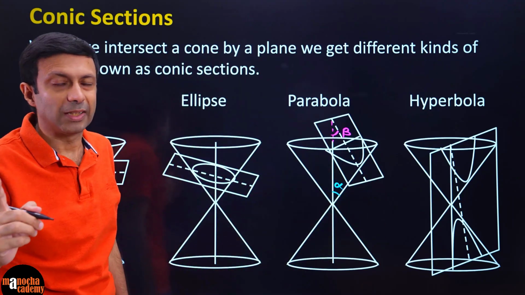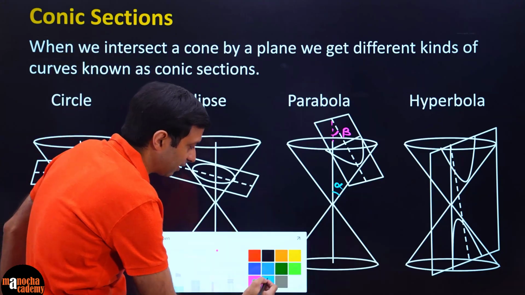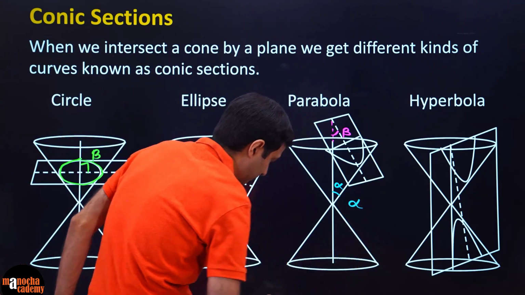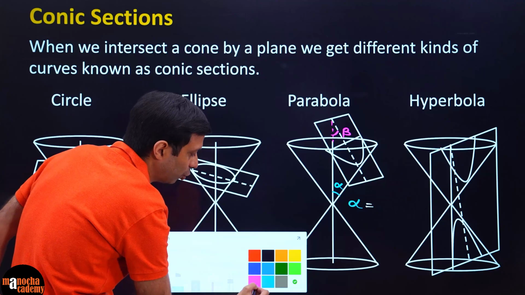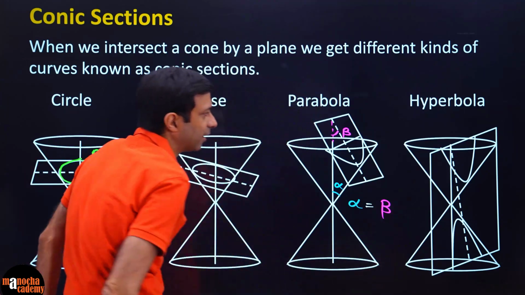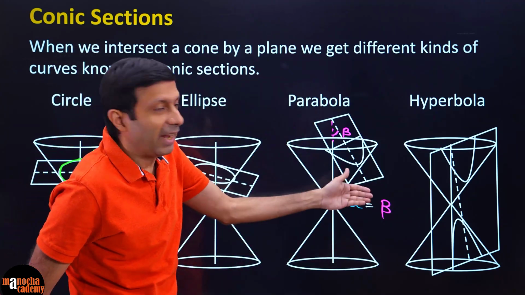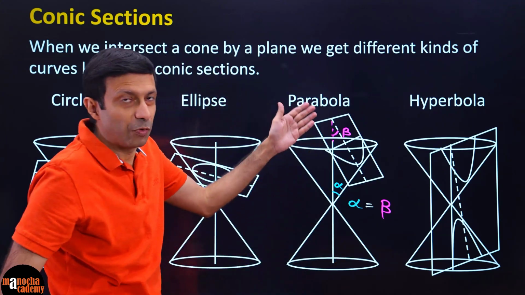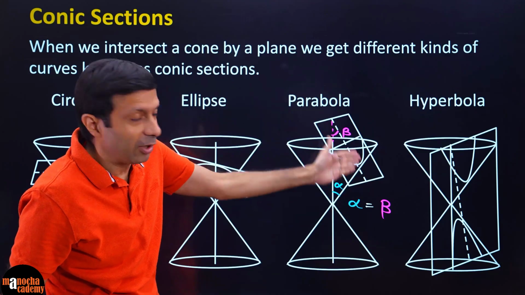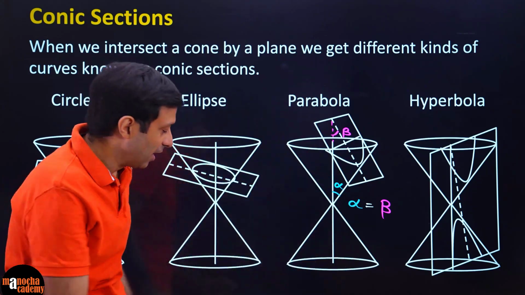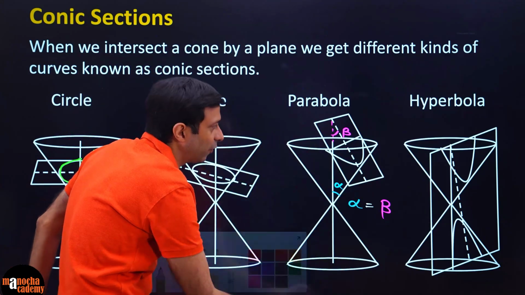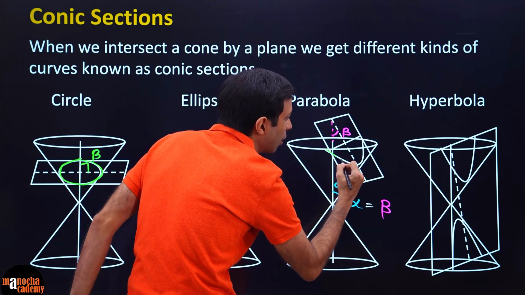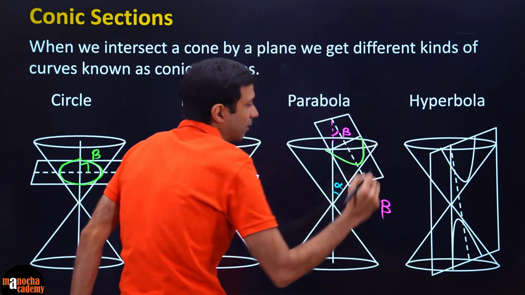In a parabola, the special thing is that angle alpha is equal to angle beta. So this plane is basically parallel to this line. Can you see here? If you visualize it, the plane that you're cutting with is parallel to this line, and this open curve that we obtain is called a parabola.